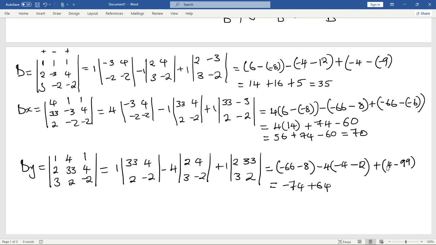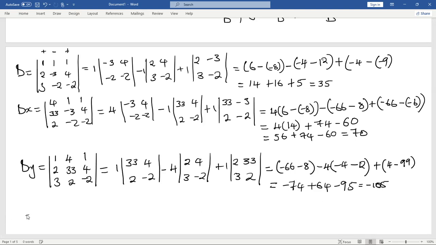Then this side here, we have negative 4, and we have 4 here, minus 99, so that's going to give us minus 95 like this. So now, if you add everything that we have here, we have negative 10 minus 95, we get negative 105, like this here.